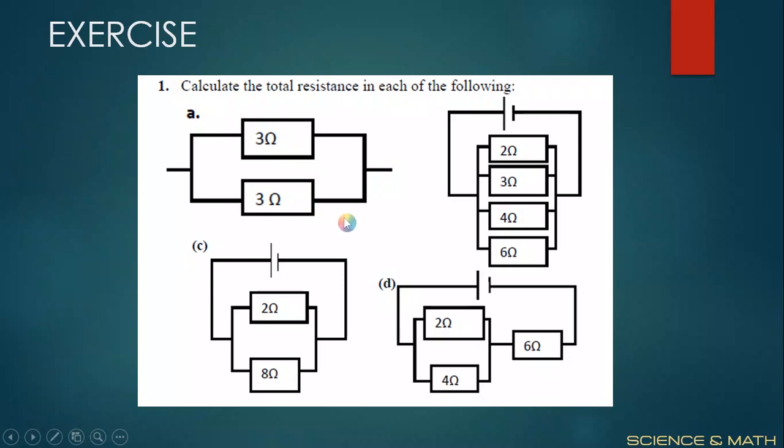Here we have question B, can you calculate the total resistance of this circuit, right? And then this is question C, question D. Those are just practice questions. I'm going to give you the solutions to these later, but you've got to try this on your own.